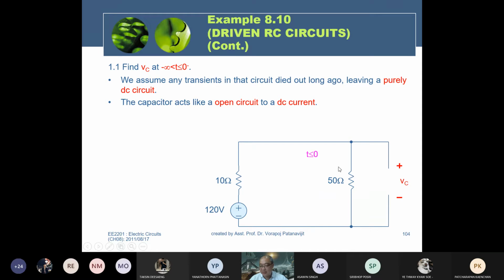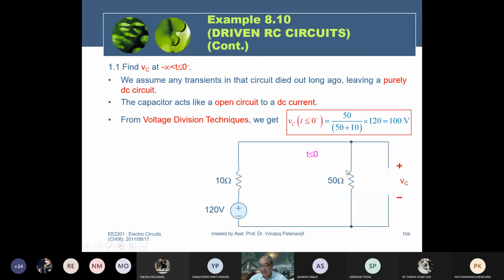When you simplify the circuit into this form, it is very easy to observe that VC equals the voltage across the 50 ohm resistor. One voltage source is connected to two resistors in series. You can determine V50 by applying the voltage divider technique.